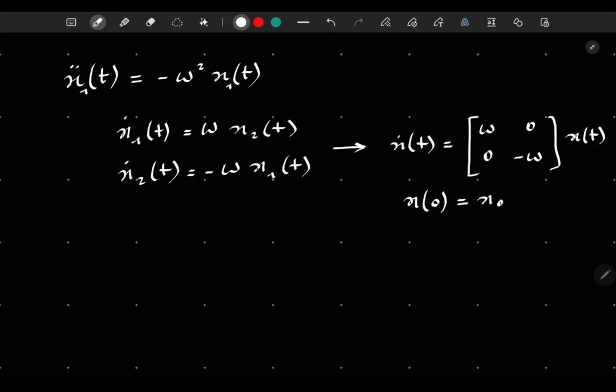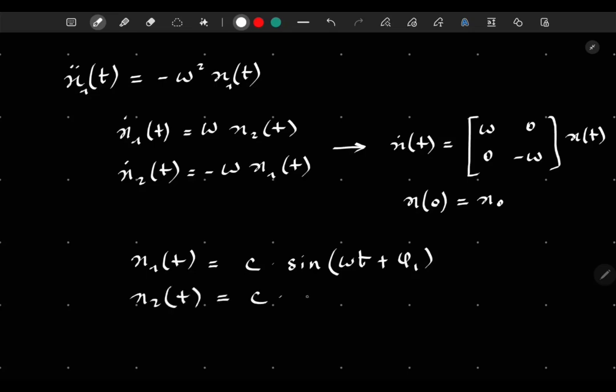If we prescribe the initial conditions to the system, well, it is well known that the solution is given by a combination of sines and cosines. So let's say x1 will be some constant times the sine of omega t plus some phase term, and x2 will be some constant times the cosine of omega t plus phi2, some other phase term.